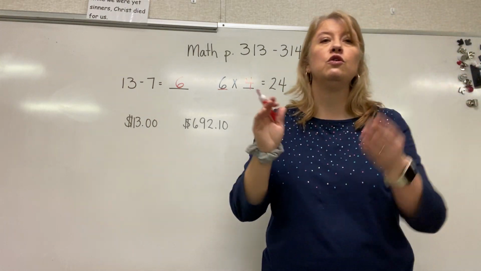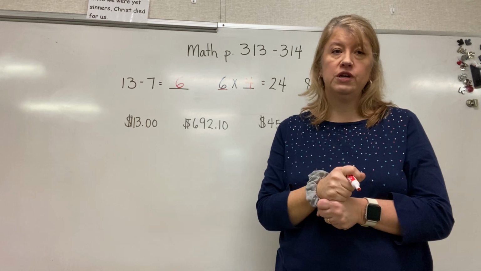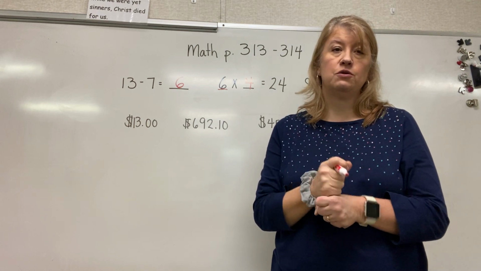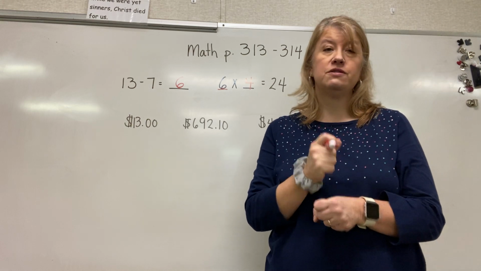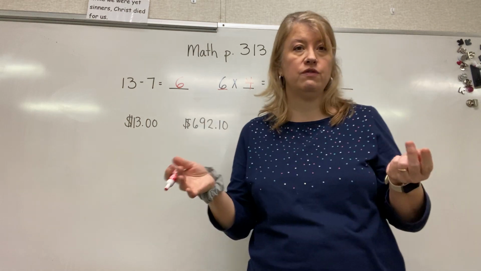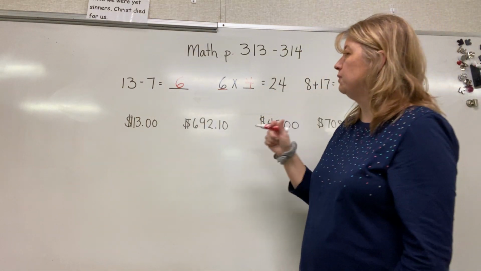So the answer would be 4, because when you are multiplying by 4, you double. Just like if we were doing 4 times 3. Double 3, and then double again. 3 plus 3 is 6. 6 plus 6 is 12. 3 times 4, or 4 times 3, is 12. So you double whenever you're multiplying by 4.